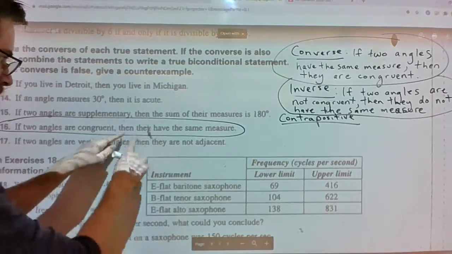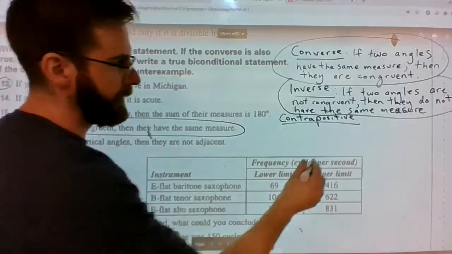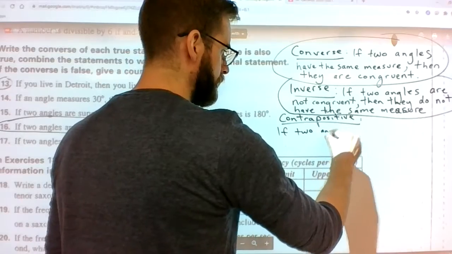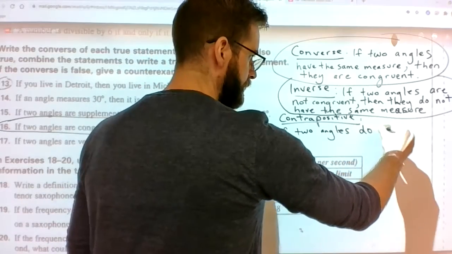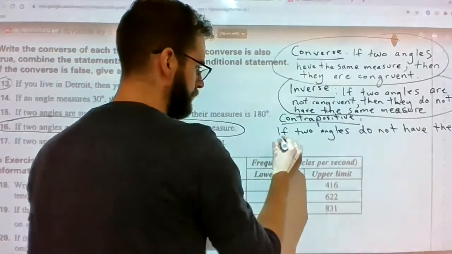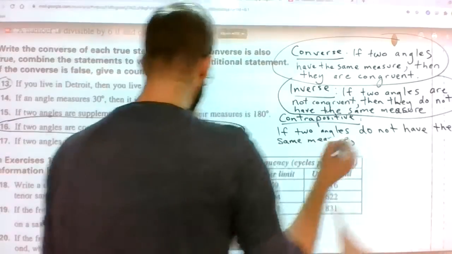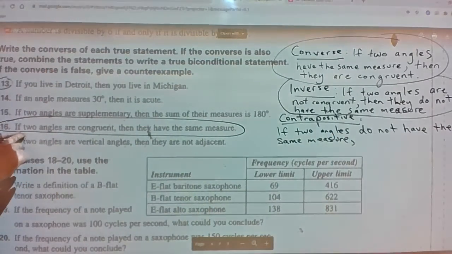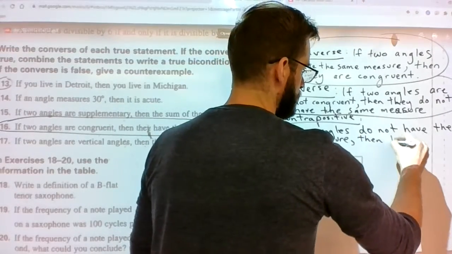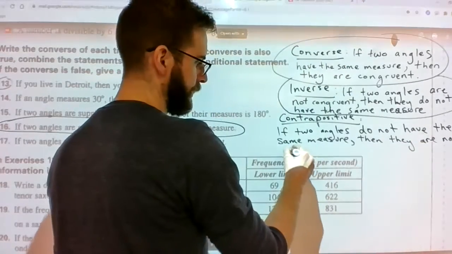So you're going to say, if two angles do not have the same measure, okay, then they are not congruent.